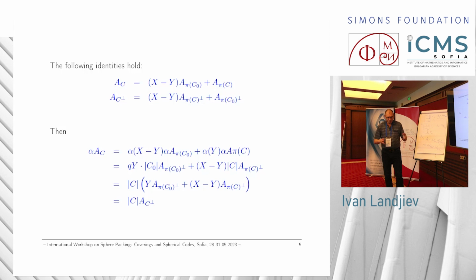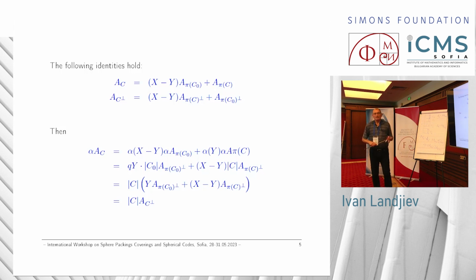This is the idea of the generalization. Actually, there are several directions in which the MacWilliams identities can be generalized. First, we can change the ambient space, not F_q to the power n, but something else. Then the notion of orthogonality.